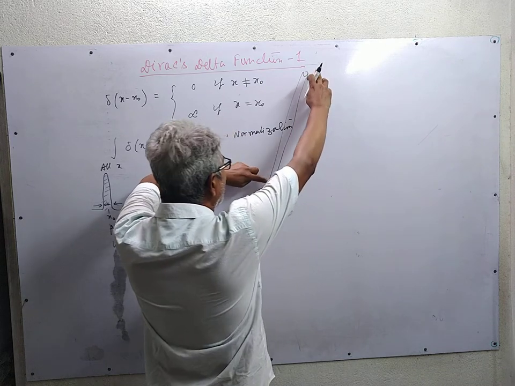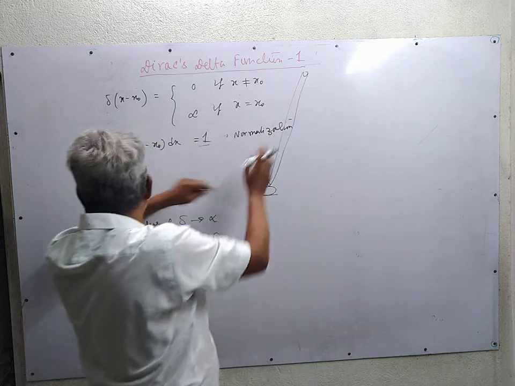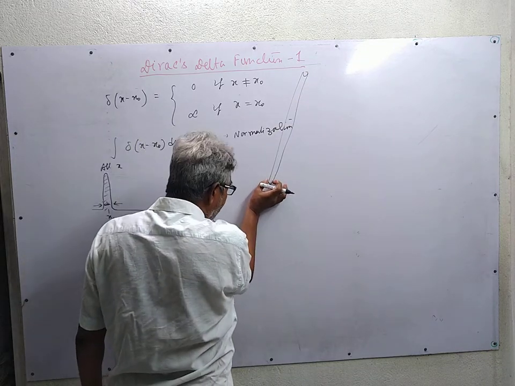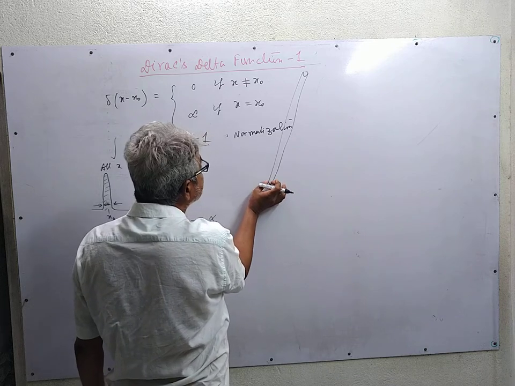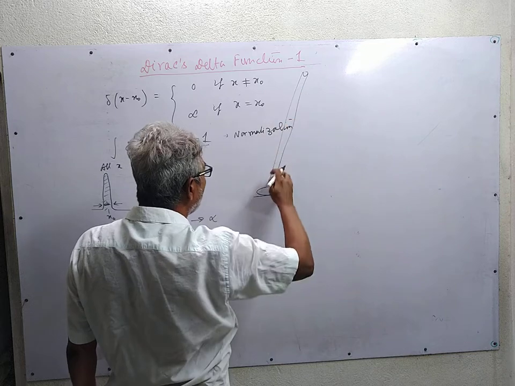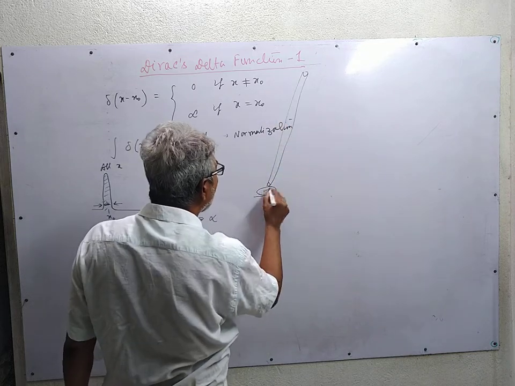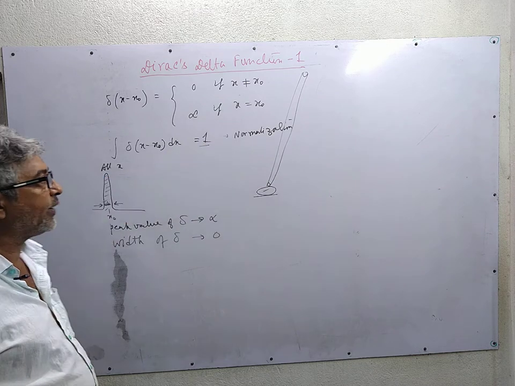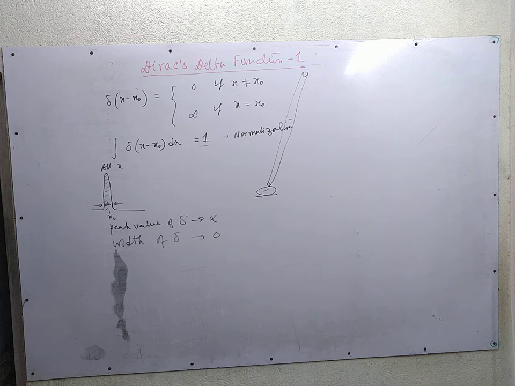So the liquid column has a very high height. At the same time, the cross-sectional area of this tube is very small, so that the volume of the tube is equal to the volume of the liquid drop, which is a finite quantity. This is one way of visualizing the delta function.